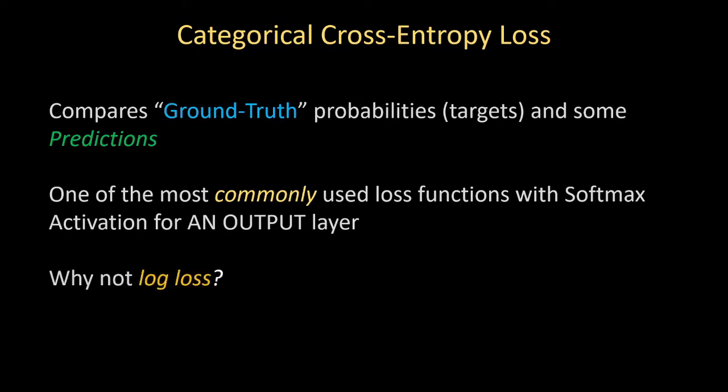Depending on your experience level with this, you might be saying, well, why not log loss? I'm going to explain that right now. The log loss error function is what's applied to the output of a binary logistic regression model.